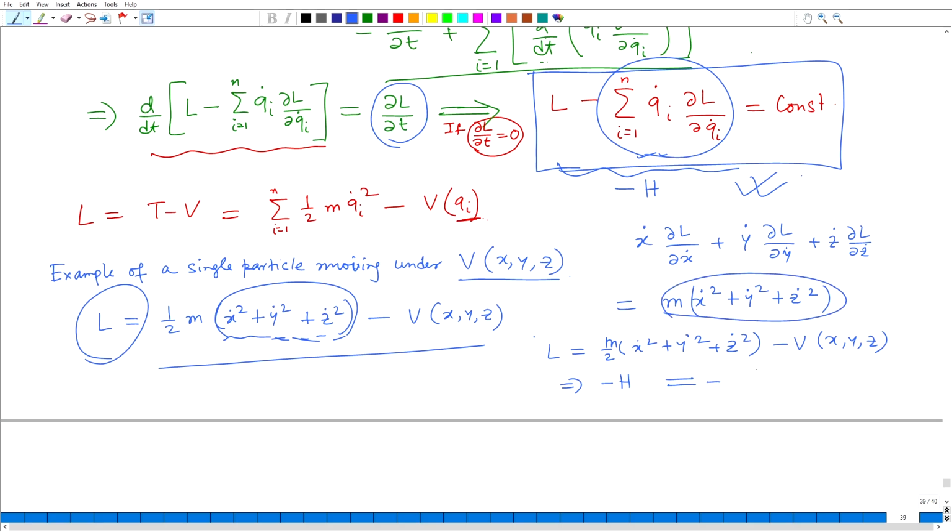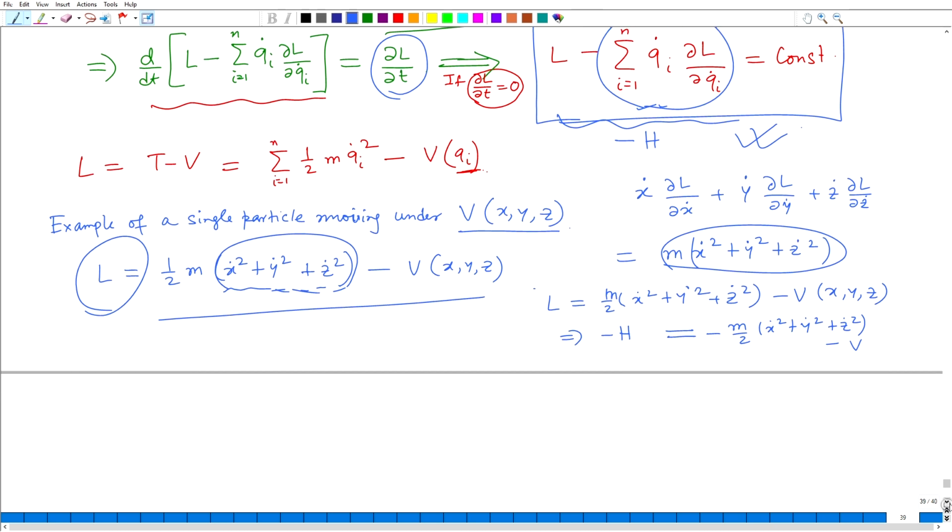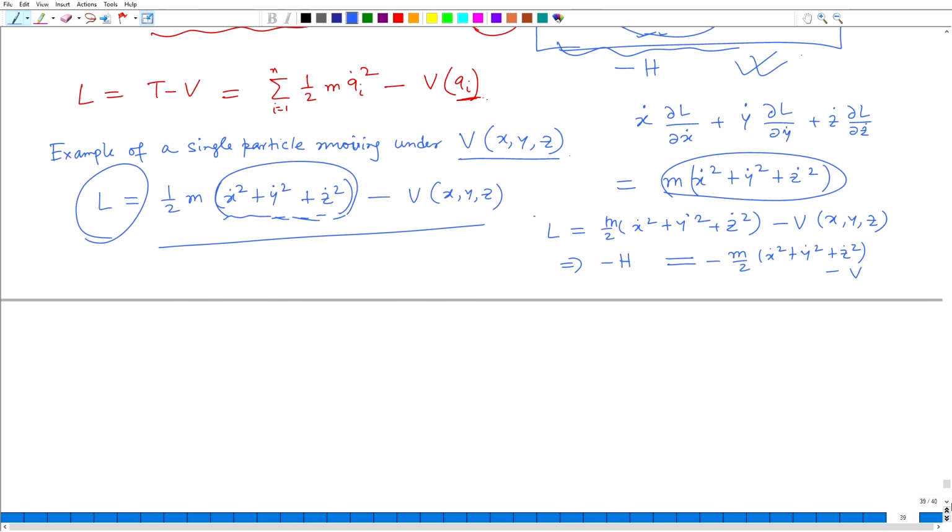So, this will be minus m by 2 (x dot square plus y dot square plus z dot square) minus V. And you can, I think, remember what this is. H is equal to m by 2 (x dot square plus y dot square plus z dot square) plus V.